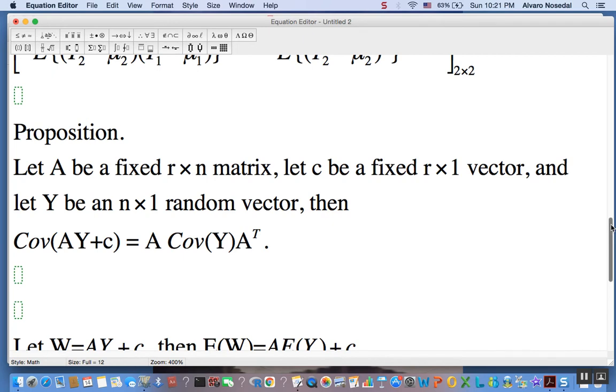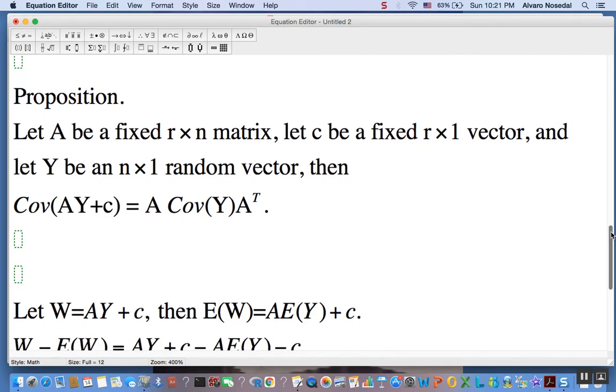Okay, so let's proceed step by step. Carefully, you'll see that it's going to make sense.